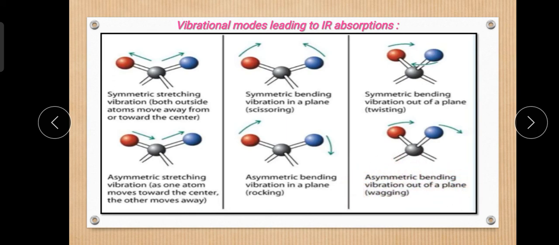So all those are the different vibrational modes which lead to IR absorption. That means due to all those vibrational modes, the molecules vibrate with a particular natural frequency, and when this natural frequency is equal to the frequency of IR radiation, then there is an absorption of the IR radiation and an interaction between the IR radiation and the molecule.